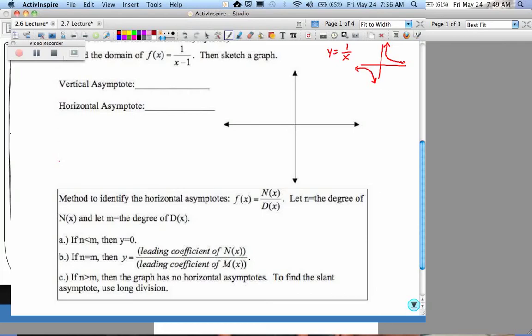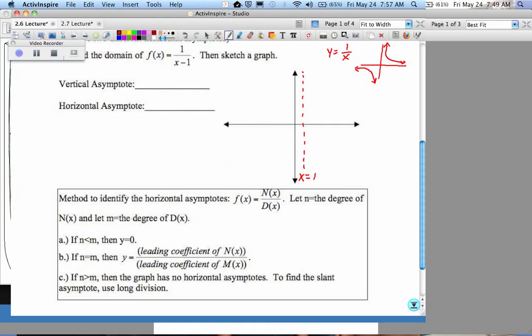What's going to happen when I do 1 over x minus 1? What happens when you subtract inside the function? Which way does it go? Right. Opposite, so it's going to the right 1. So what that's going to do is move my vertical asymptote to the right 1.